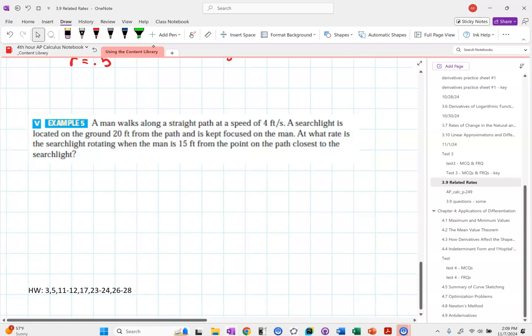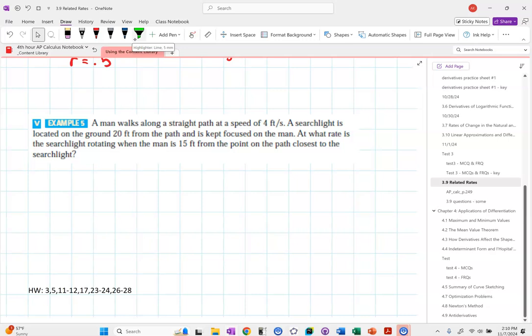A man walks along a straight path at a speed of 4 feet per second. A searchlight located on the ground 20 feet from the path is kept focused on the man. At what rate is the searchlight rotating when the man is 15 feet from the point on the path closest to the searchlight?